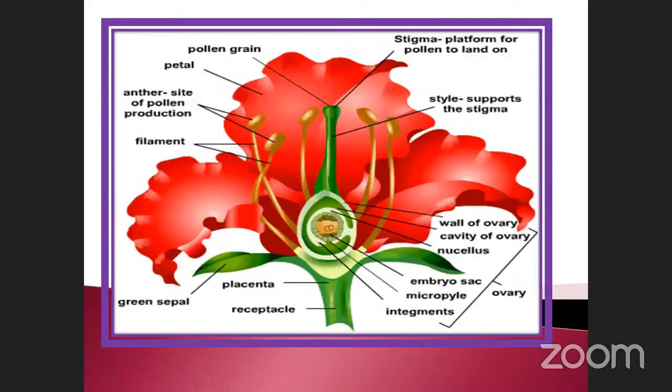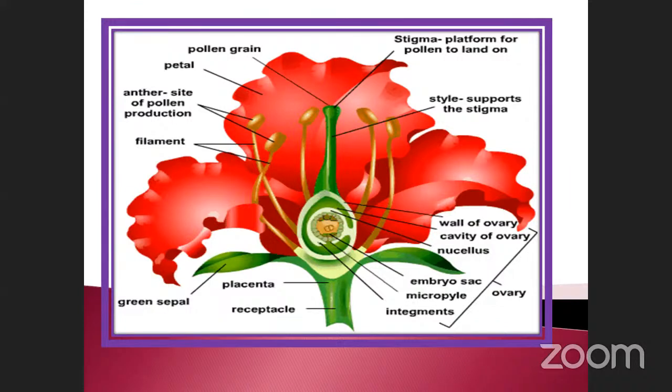This is a flower; you already know very well about the floral parts present in it. The lower green part is called the receptacle. It is attached to the stem, the main axis. Followed by that there is a placenta, which is also attached to the receptacle.